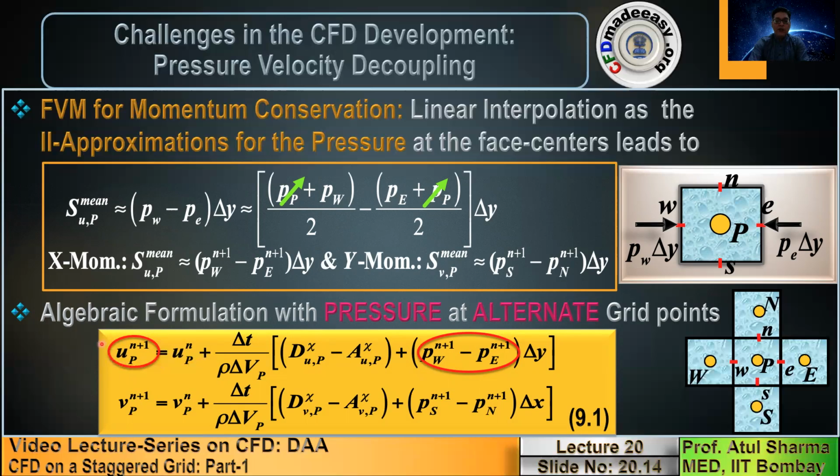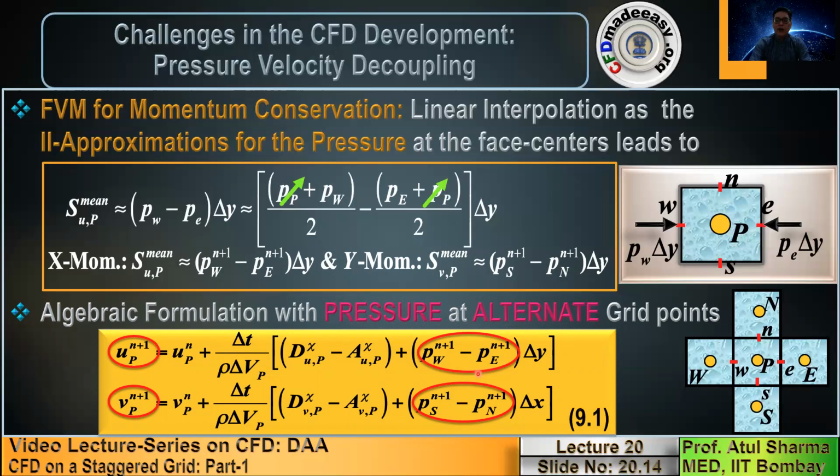So if you use a linear interpolation as the second approximation to calculate the pressure at face centers in terms of neighboring cell centers, you end up with a situation where the velocity you are obtaining from momentum conservation is at a grid point P, but the pressures used to obtain this velocity are at alternate grid points. So there are some numerical issues, which I'll present in detail later, which lead to certain unphysical solutions.